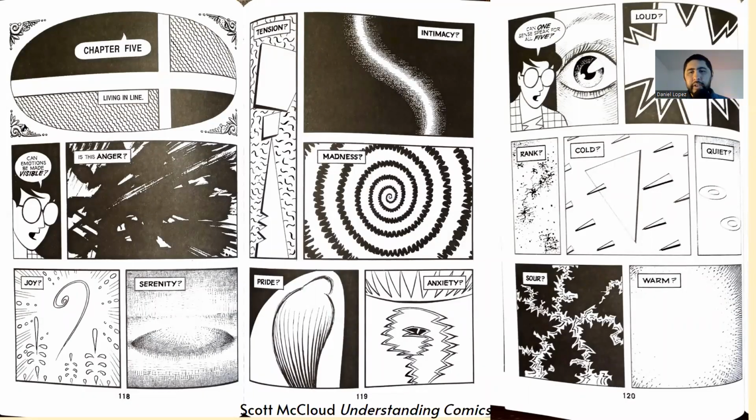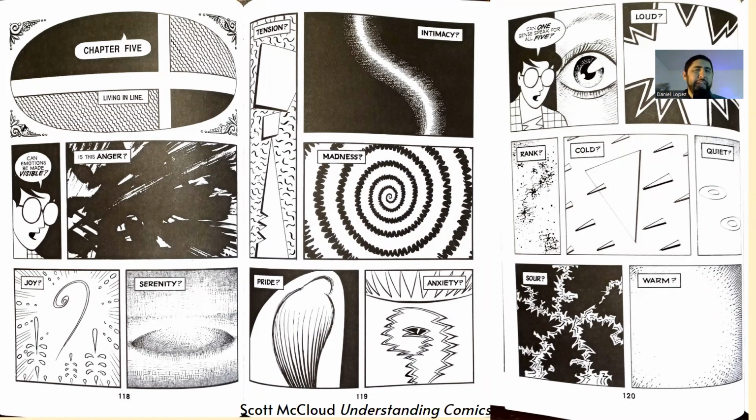This is from Scott McCloud's Understanding Comics, which we'll talk about later this term. Here are ways he represents different emotions and feelings just using lines. The way lines are used in art is extremely versatile.